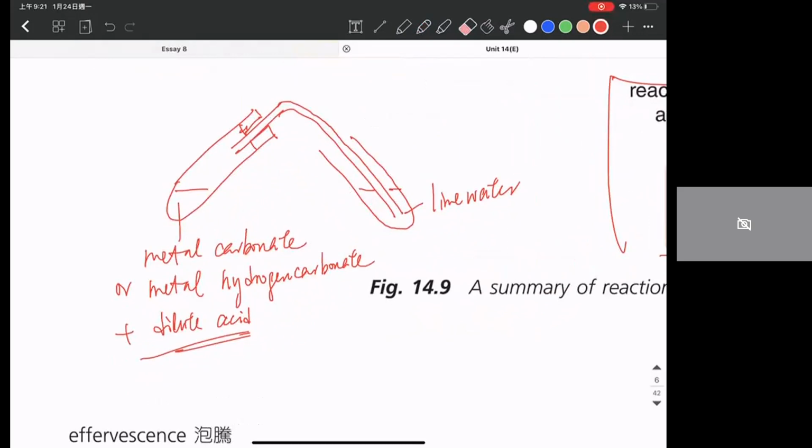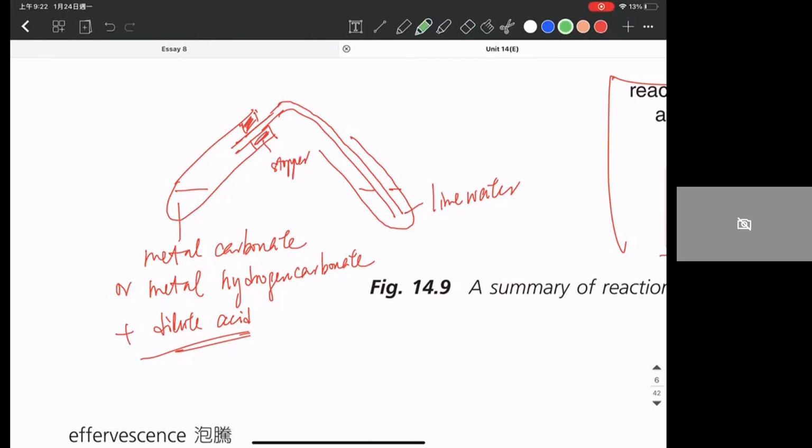So it is a very typical setup, which shows the reaction of metal carbonate or metal hydrogen carbonate with acid to form carbon dioxide, and the gas formed is passed by bubbling into lime water. That's why there is a stopper here, to confine the gas flow.